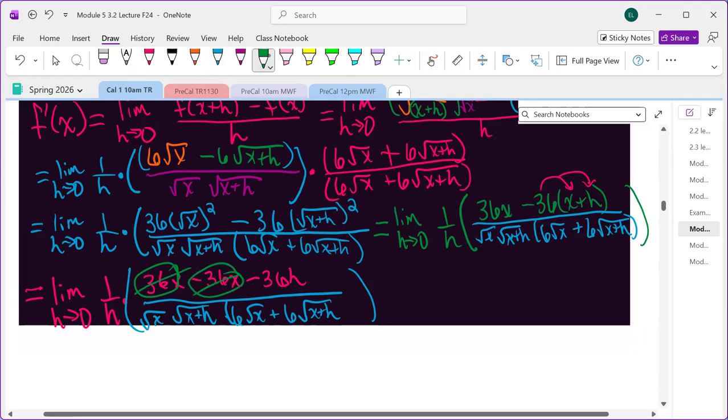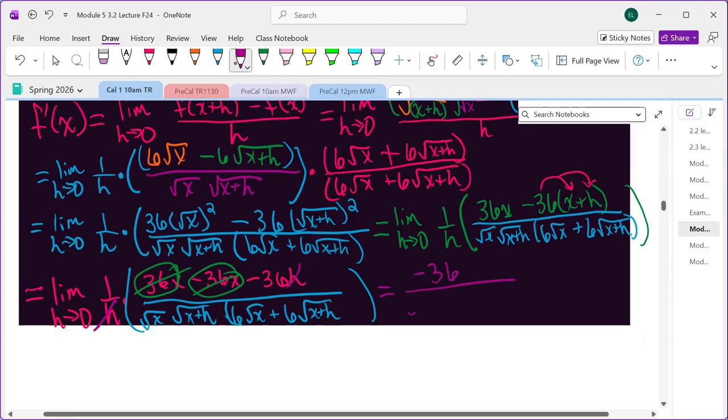Now the top is just minus 36h. Now I can finally cancel the h's. Once we have canceled the h, the 1 over h, now we plug in 0 for h. So the top is just negative 36.